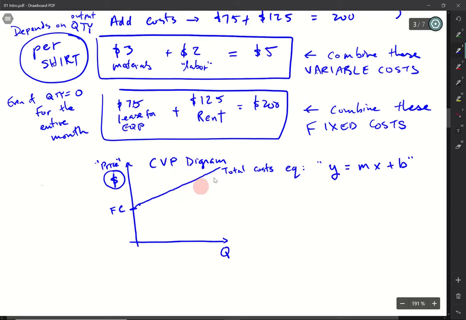So our y-axis is actually total cost, and Q is quantity. And what's our intercept? 200.